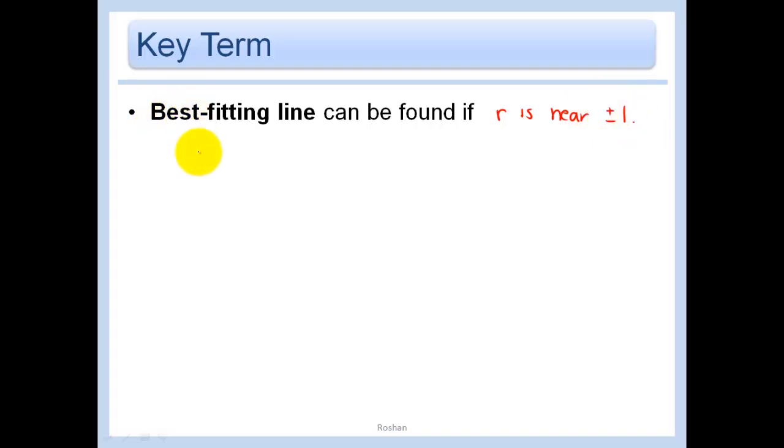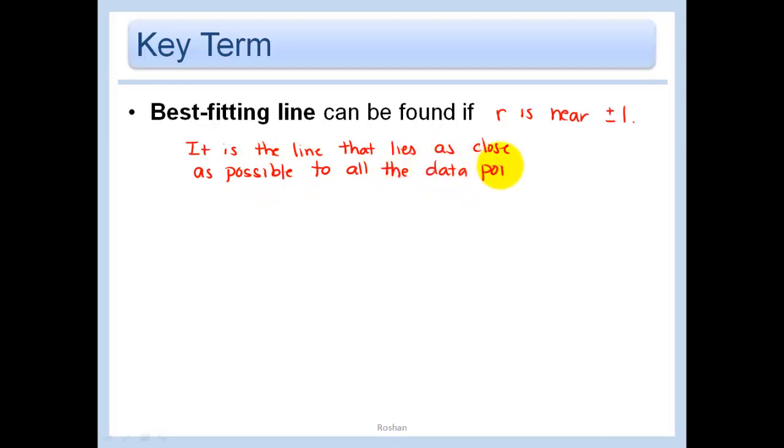And that would be the line that lies as close as possible to all the data points. And so by that we're saying if we have data points that don't lie exactly on a line, then we want to have some above, we want to have some below, and we want that to pretty much be leveled out, so that would make our best fitting line.